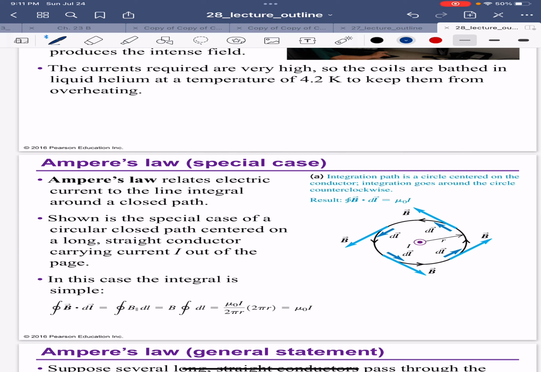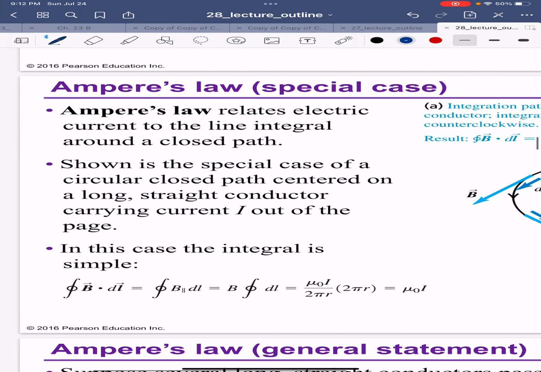Now, Ampere's law is very similar to Gauss's law, where we are going to relate electric current to the line integral around a closed path. Here we're going to say, shown in the special case of a circular closed path centered on a long straight conductor wire that is carrying I, that the integral is going to be the integration over a closed path of B dot dl.